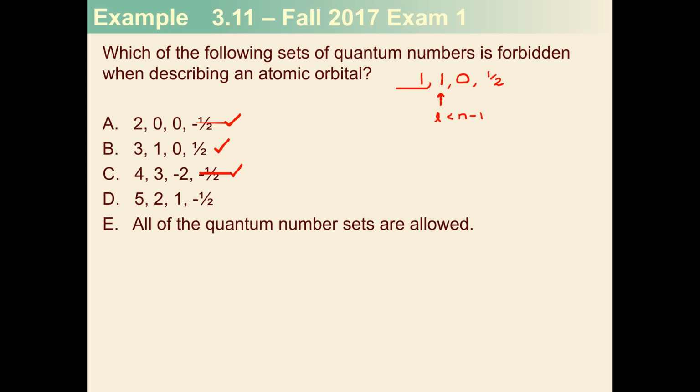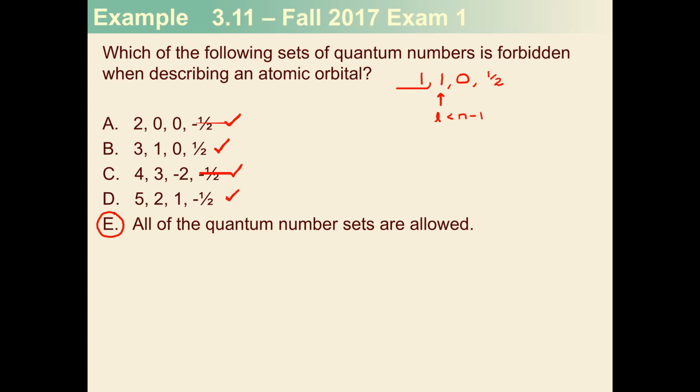So I'm allowed the possibilities of 4, 3, 2, which I have a 2. If I have a 2 for my second quantum number, I'm allowed -2, -1, 0, 1, which I have, and then finally I would have another downward facing electron. So this is a correct set. So E is going to be our correct answer, that we are allowed to have all of these quantum number sets.